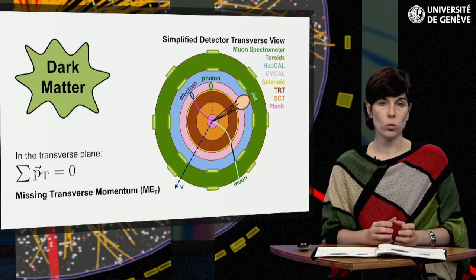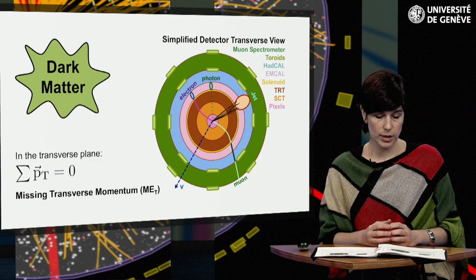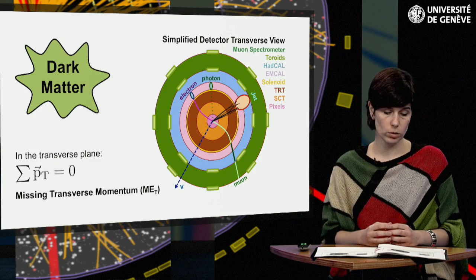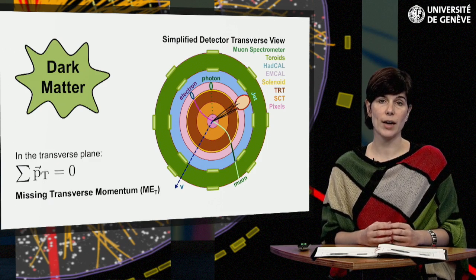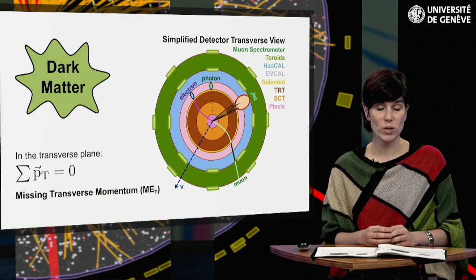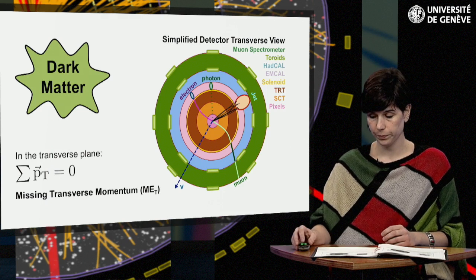Any neutral and weakly interacting particle, such as dark matter candidates, will in fact behave just like neutrinos and will be identified as missing transverse momentum in the detector. Missing transverse momentum is extremely important in our searches for new physics.